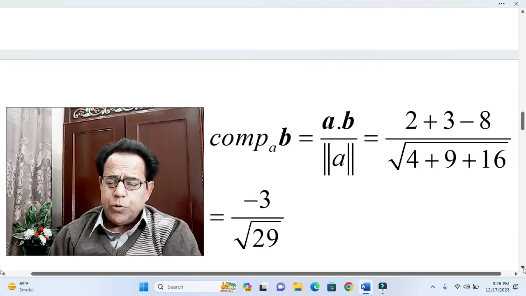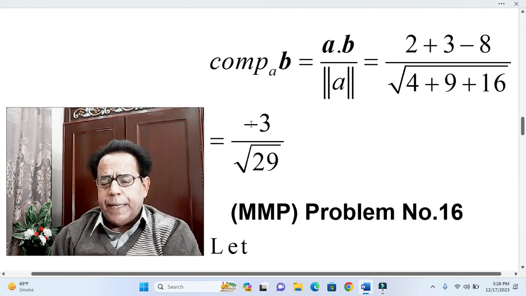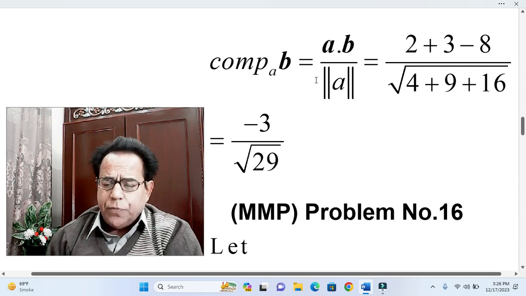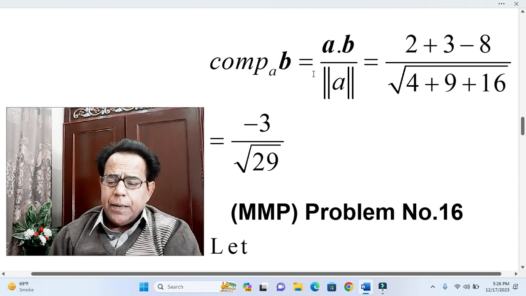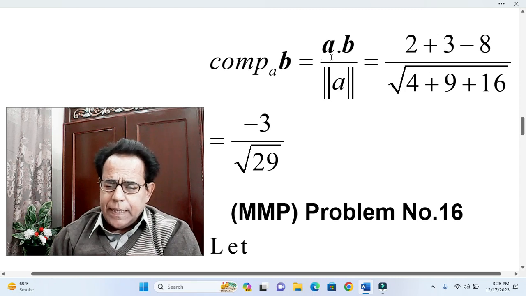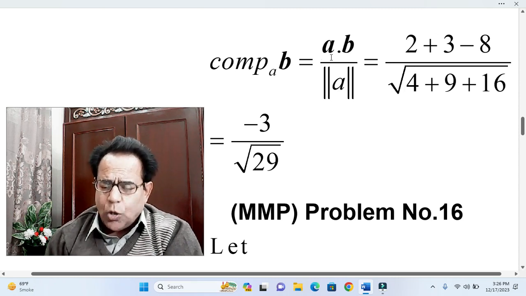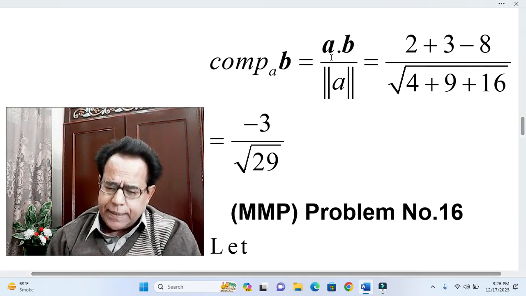Now similarly, component of A on B: here A will be written in the denominator and it will be in magnitude, while A dot B is taken as a dot product in the numerator.